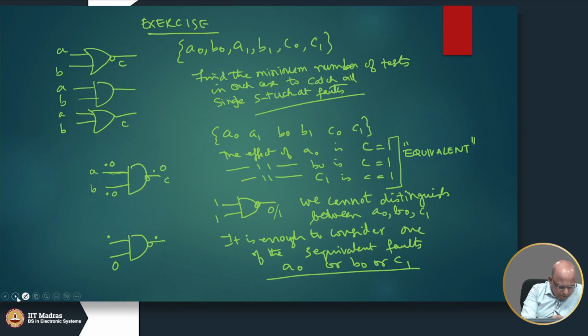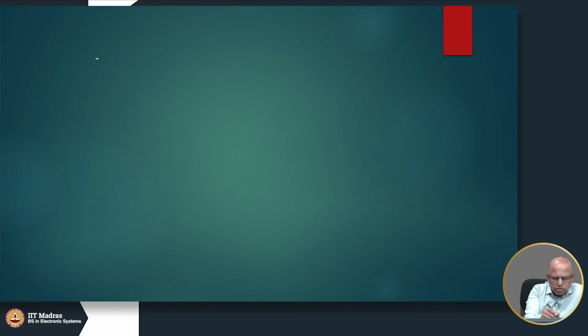In the same way, let us say, an OR gate. So, we have the stuck at 0, stuck at 1, stuck at 0, stuck at 1, stuck at 0, stuck at 1. You will appreciate that A1 is equivalent to B1, right.